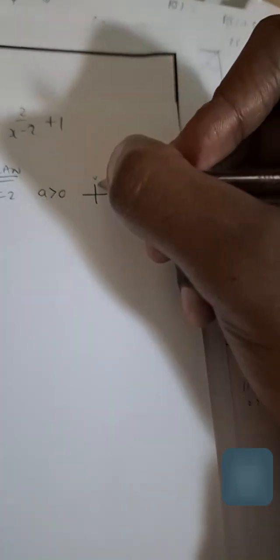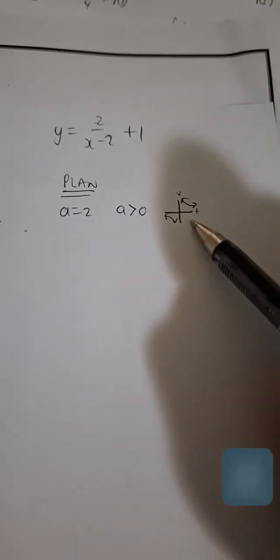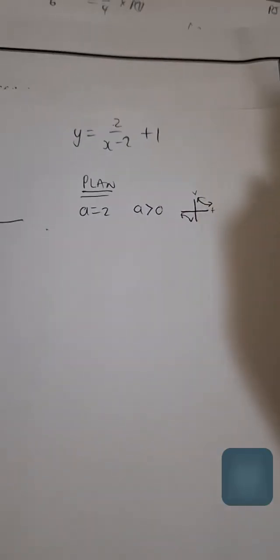It's a positive value. So in my plan, when I have my horizontal asymptote here and my vertical asymptote here, I'm expecting my function to be found in the first and the third quadrant. I'm expecting this after I'm done sketching.